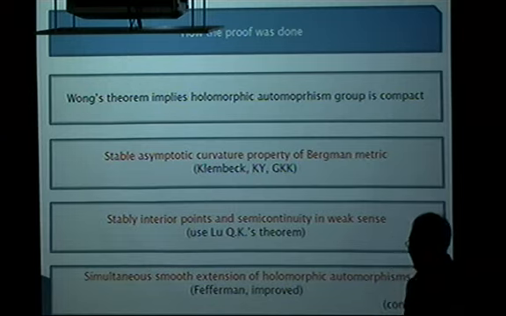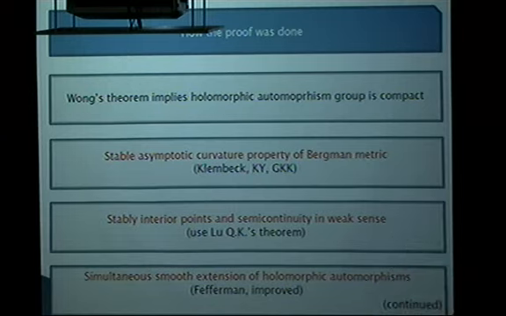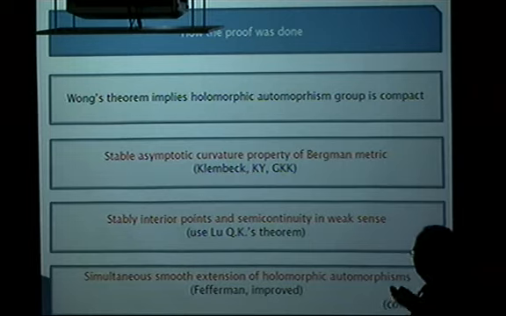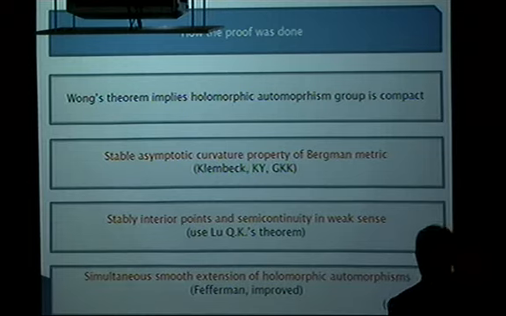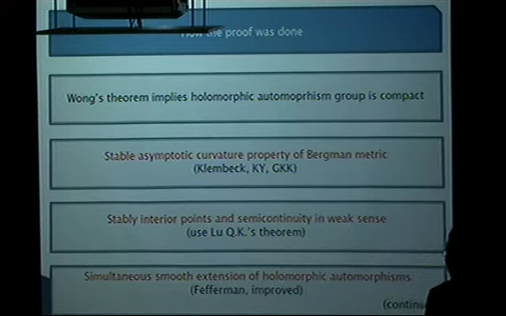So in 2011, that's this year, a book is coming out in about a month or so. That's this one, by Robert Greene, Stephen Krantz and myself. This book has everything cleaned up. We have a stable Klembeck contained in there. And Klembeck's theorem uses the asymptotic expansion of the Bergman kernel by Charles Fefferman, the famous result.